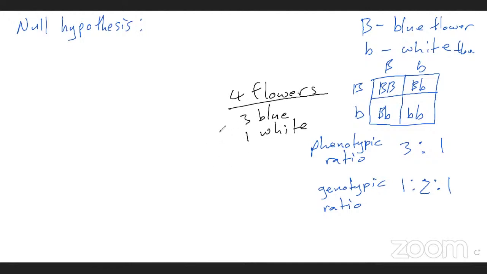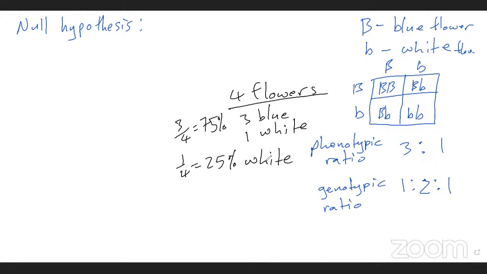So you're going to say 3 over 4, which is equal to 75%. So 75% of the flowers should be blue. So whenever you do a heterozygous cross for monohybrid, 75% should have the dominant trait, and 25% should have the recessive trait, which is white. So 25%.